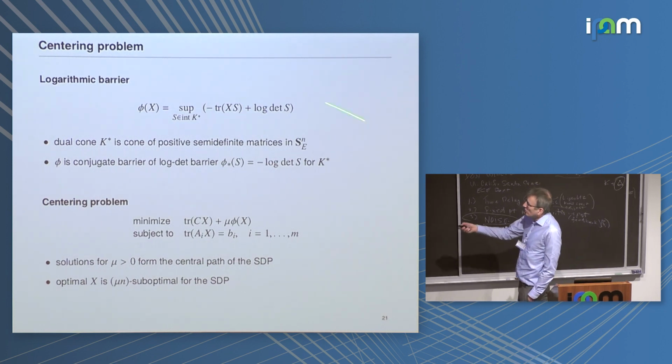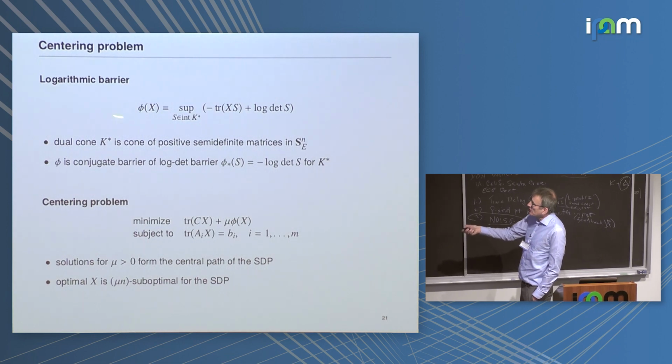And then from convex conic optimization theory, we know that if this is the barrier function for the dual cone, then a logarithmic barrier function for the primal cone is defined like this: the maximization of this over all S in the interior of the dual cone.